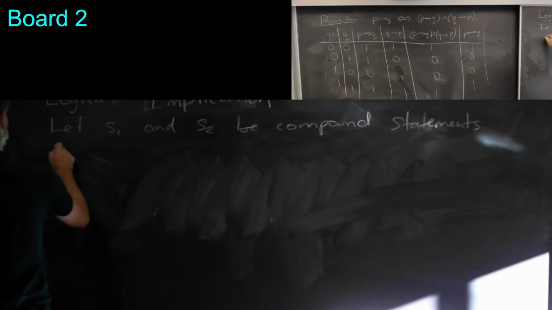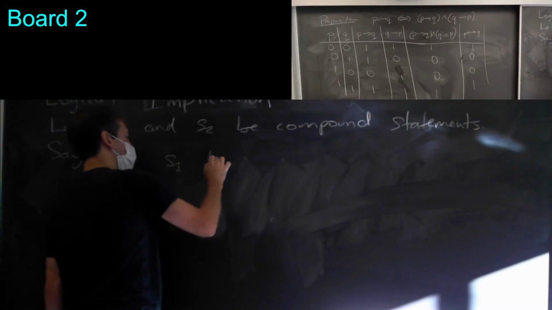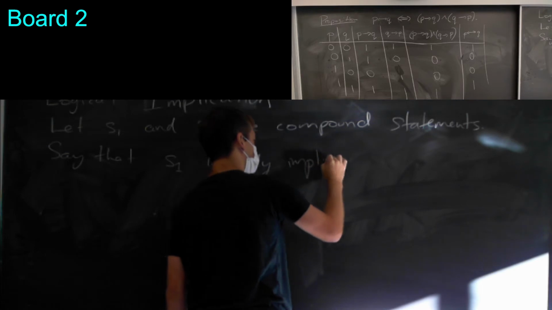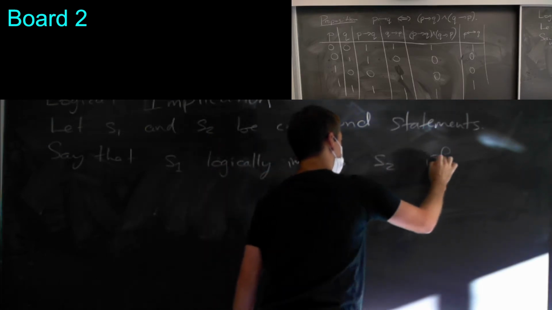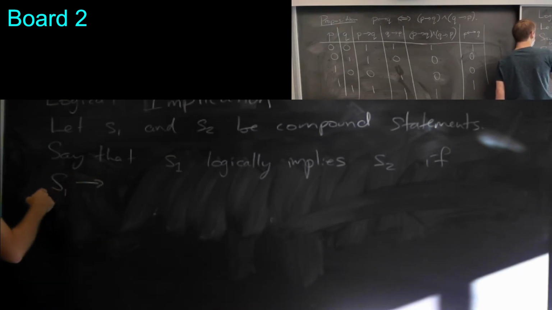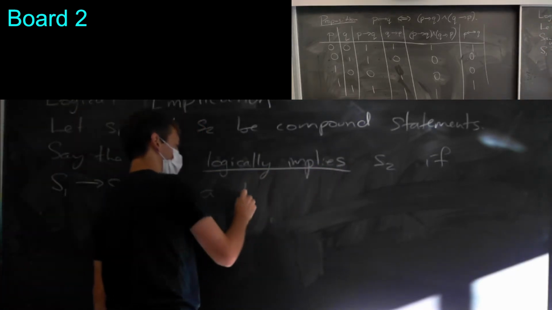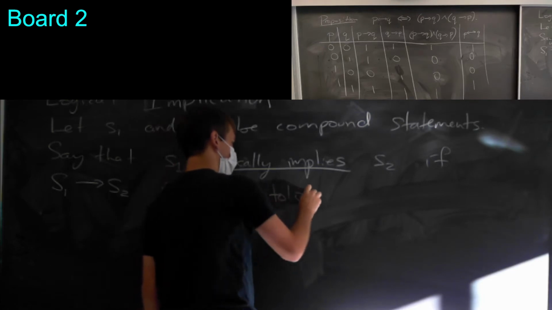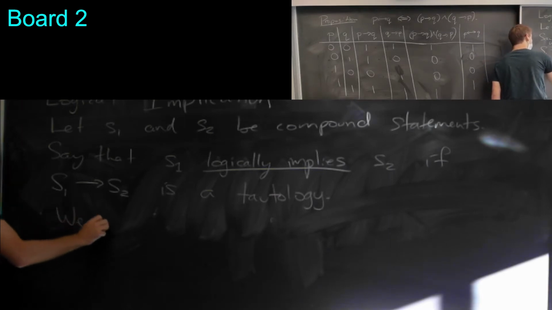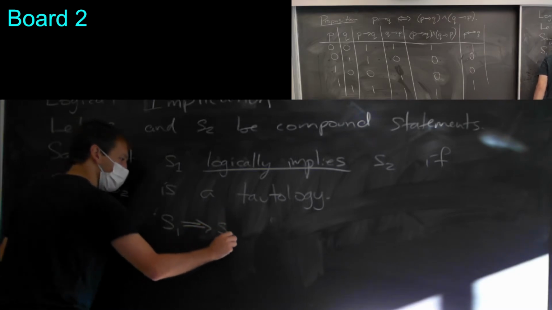So say that S1 logically implies S2 if S1 implies S2 is a tautology. And we write S1 with a fat arrow to S2.